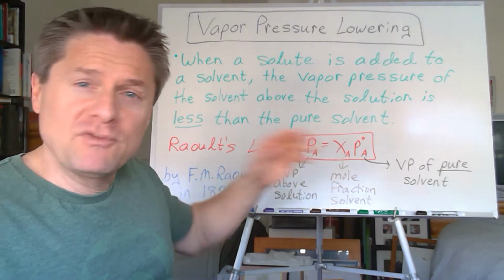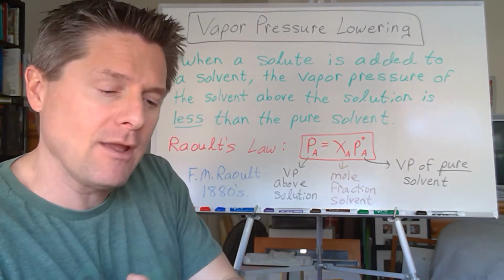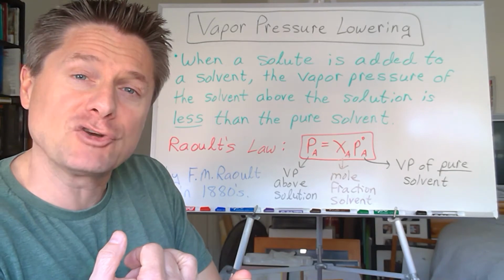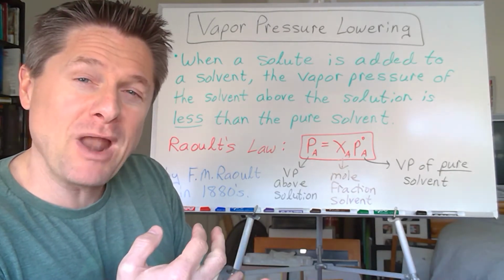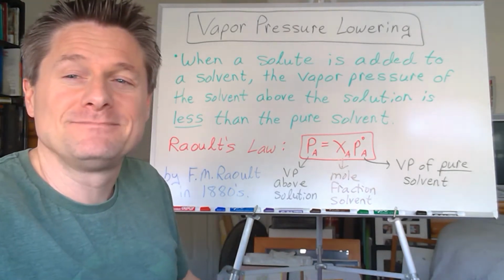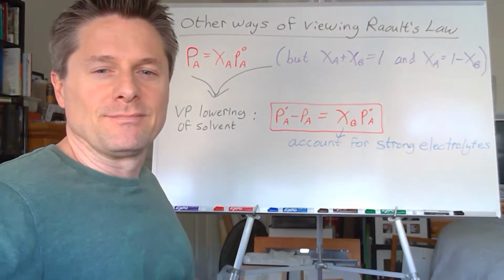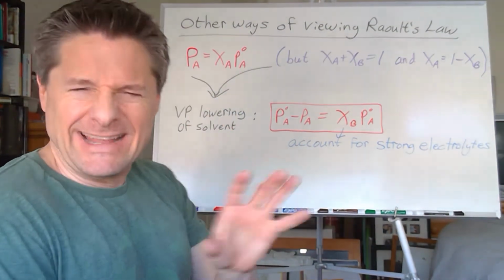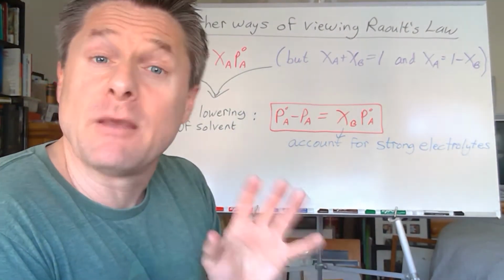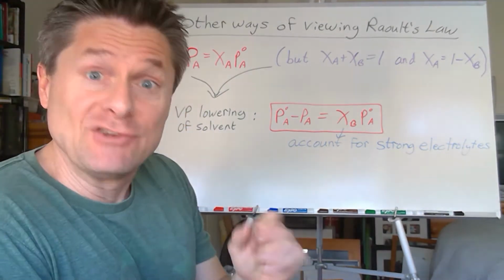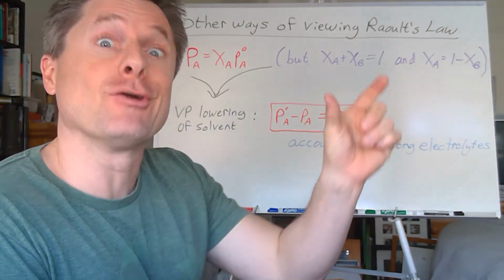Let's look at the different forms of this, and then we'll qualitatively go over why the vapor pressure goes down, and then we'll do some problems with it. Here we go. Another way, not as common, but another way some people look at this is in terms of the title, vapor pressure lowering.